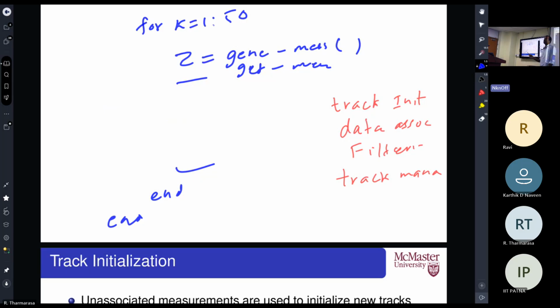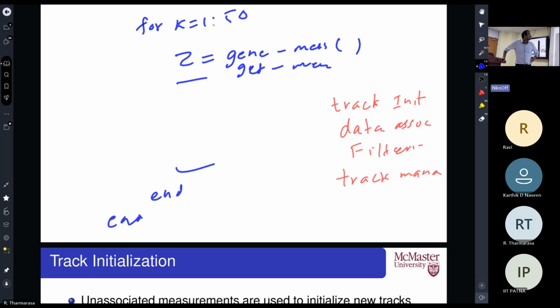Once you have a track, you get lots of measurements. You want to associate a measurement to the track. Once you do the association, do the filtering. And eventually, we will do the track management in which we change the statuses: confirmed, tentative, dead. So these are the main things that we want to do.